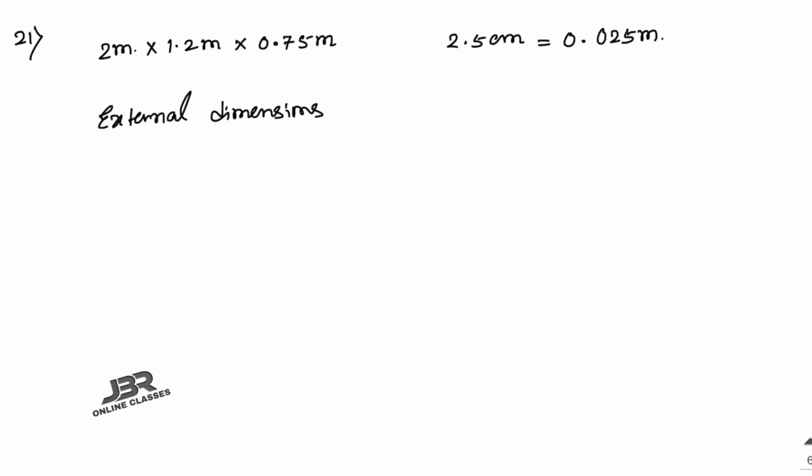The external dimensions are, first, as 2 meter is the internal length, so 2 plus 2 into 0.025, as that is the thickness on both sides, that's why we multiply with 2. So that equals 2.05, that is the length.